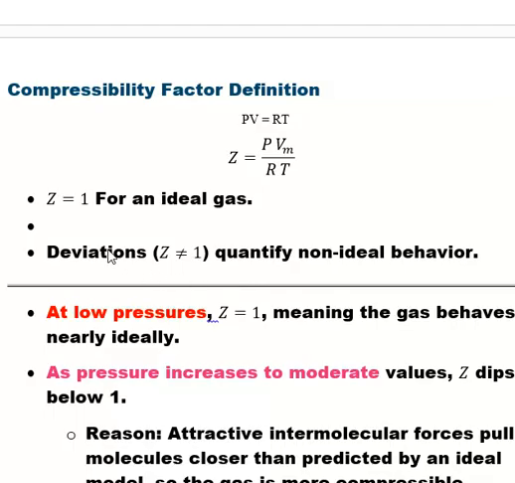This compressibility factor is equal to 1 for ideal gases. For real gases, it may be greater than 1 or less than 1, but not equal to 1.